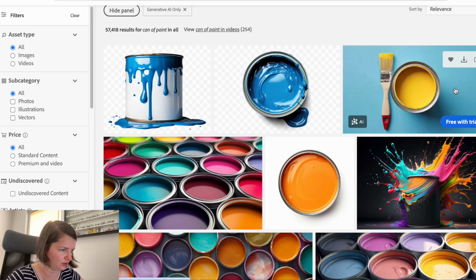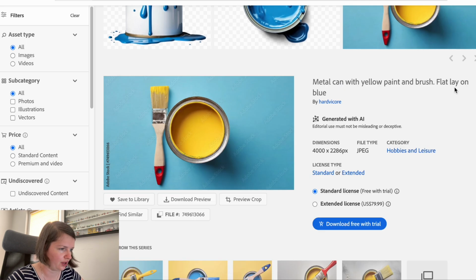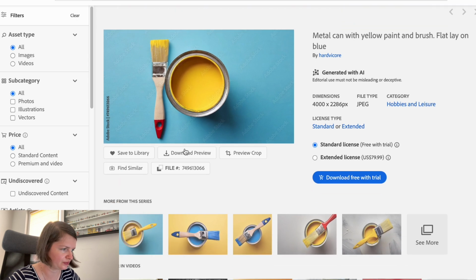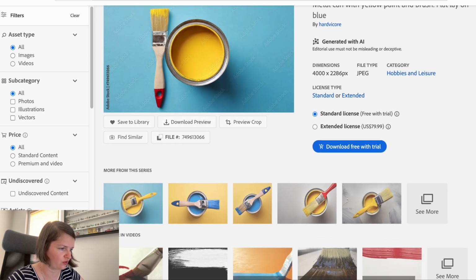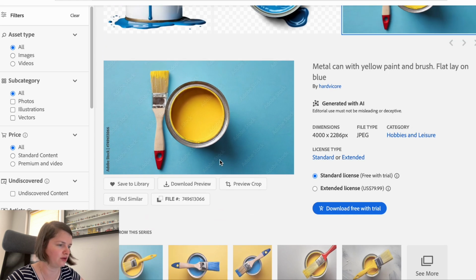So I would say this image is good. And the images from this series, there is nothing, no clutter, right? There is a can of paint, you can see the color, there is a brush, it has this paint color on it, it's on a blue background.